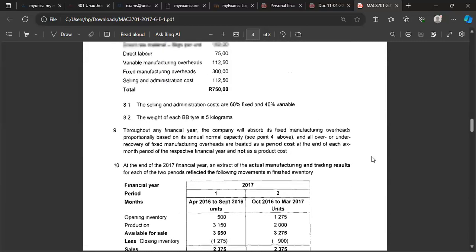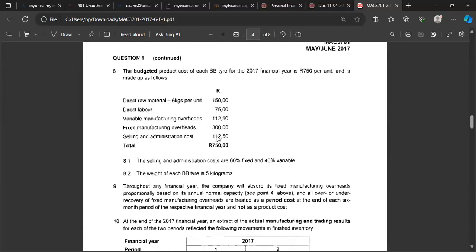Selling and admin cost is not a product cost. It becomes a period cost. It is not a cost of production. So it should not have been included, as they say here, that the total cost is 750.